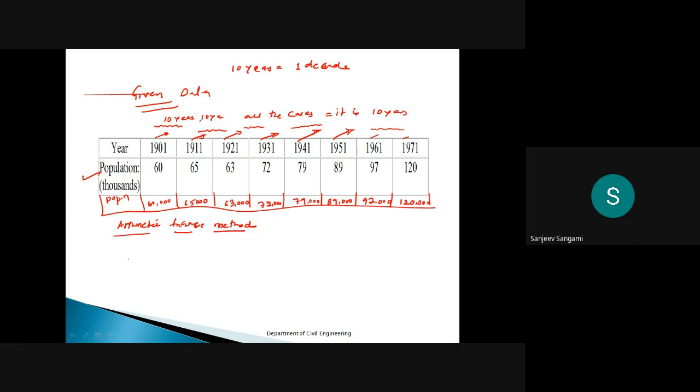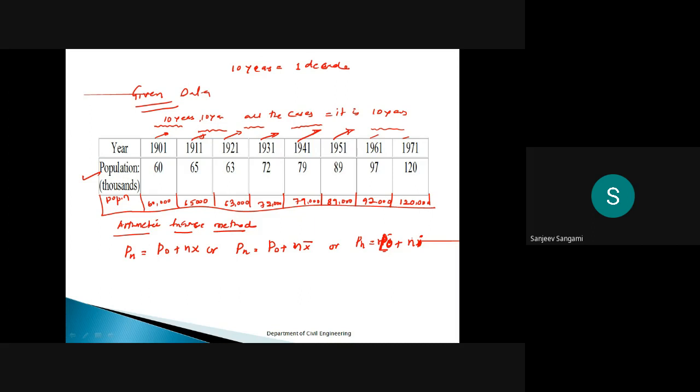In the arithmetic increase method, we have the formula Pn equals P naught plus n x bar. In some textbooks, they may give Pn equals P naught plus n x, or they may use I instead of x, that is, P naught plus n I.